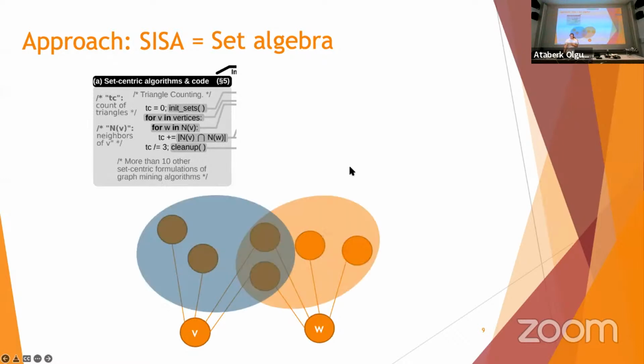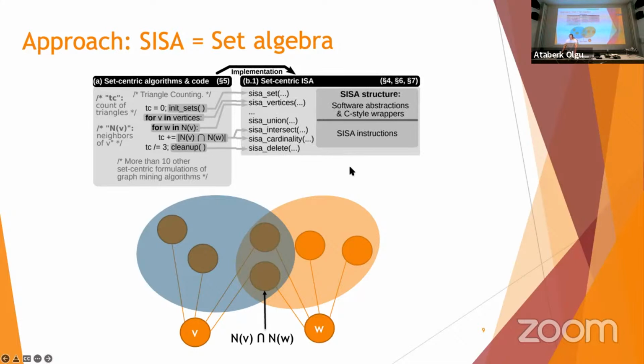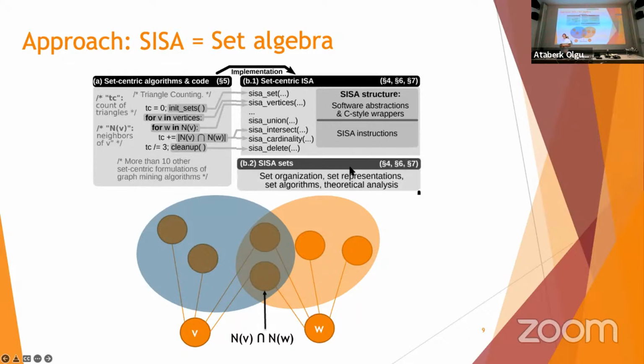So we've got those sets as our basic building blocks in set algebra, and then we've got set operations that work on sets. For example, the intersection of two sets contains just those elements that are in both sets. Once we've got the set-centric algorithms, SISA provides an ISA extension to execute the algorithms. It also provides set representations and fast set algorithms. And that's the set algebra side.